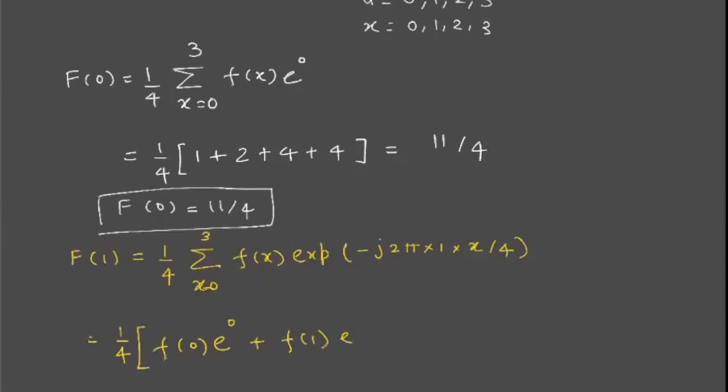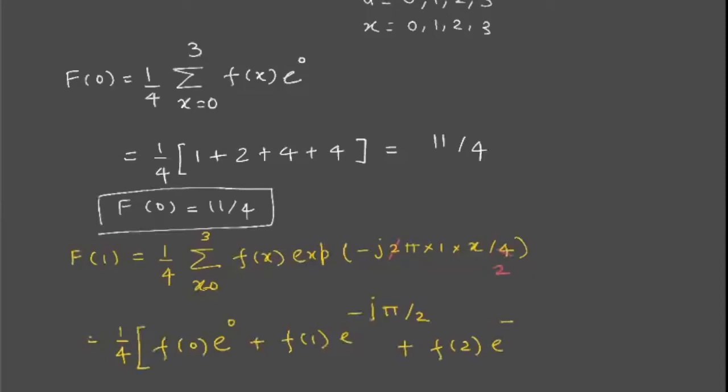So it will be minus, here we can also cancel this 2, so it will become easier for us to write. So it will be minus j, and our x is also 1 here, so it will become j pi by 2.